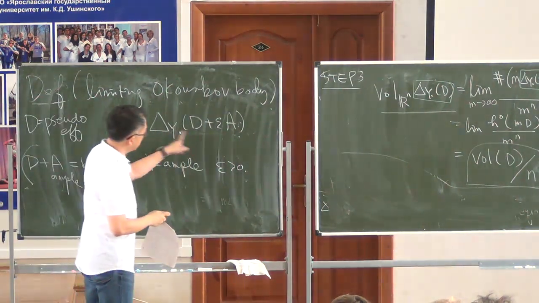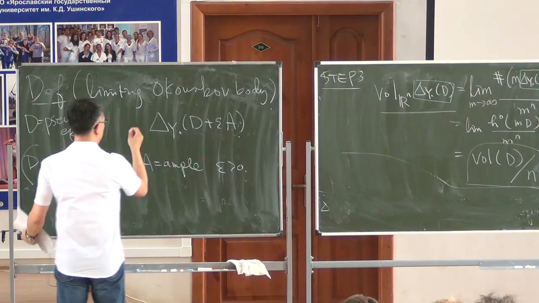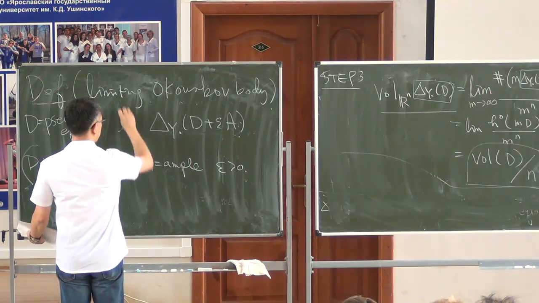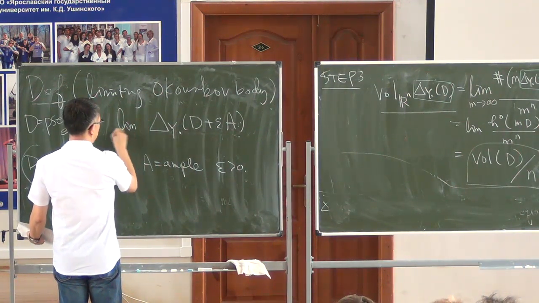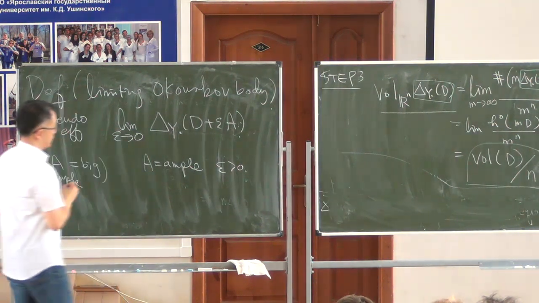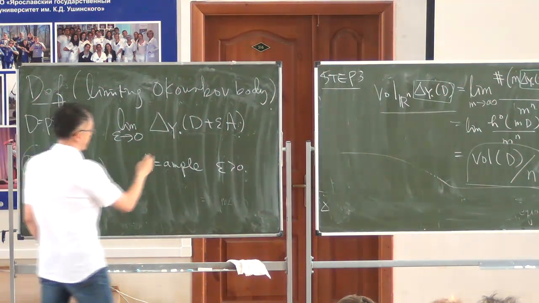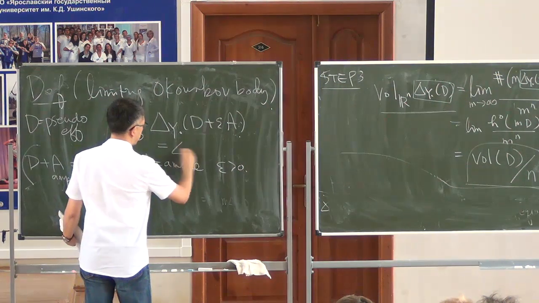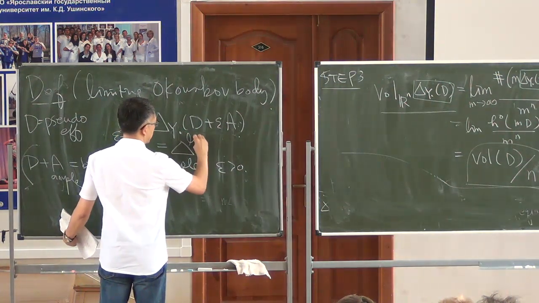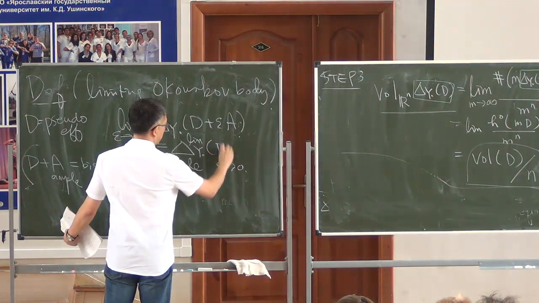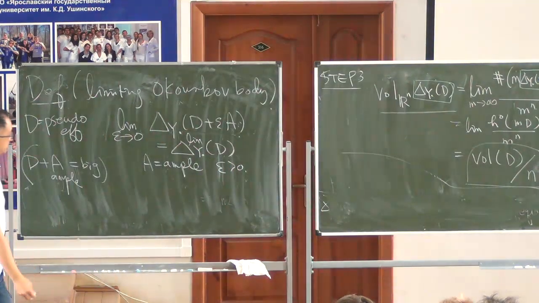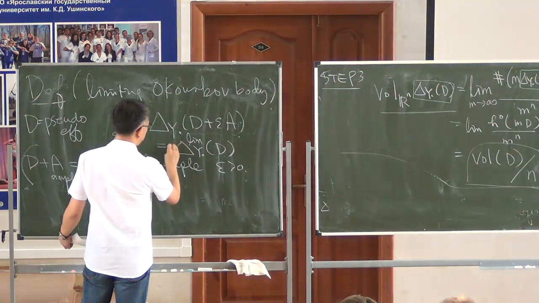We construct it using the original construction and we take the limit. This is called the limiting Okounkov body. So this is the definition.